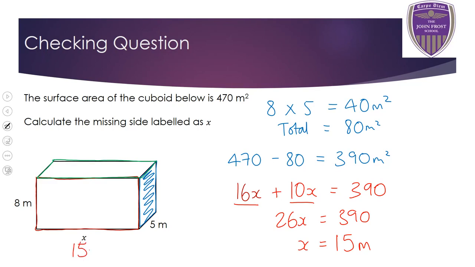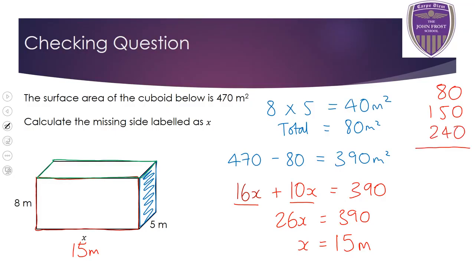check to see whether this is right for 15. 8 times 5 is 40, plus another 40 is 80. So that would be the two sides. Then we've got 5 times 15 is 75, plus another 75 is 150. And then 8 times 15 is 120, so double that is 240.